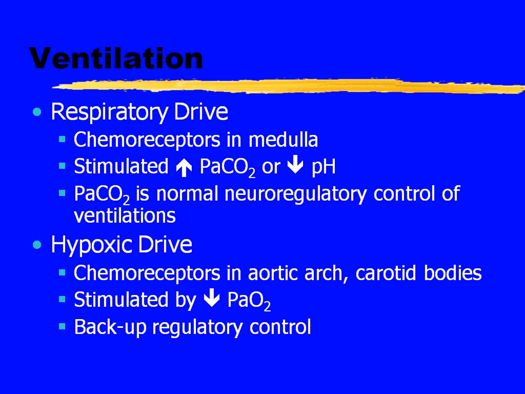I don't want to confuse you guys too much, but think of it this way: let's say I'm a smoker, and my normal PCO2 is about 50. And let's say my normal PaO2 on the low end is about 60. You have to have at least 60 to have perfusion. Well, I'm building up CO2.